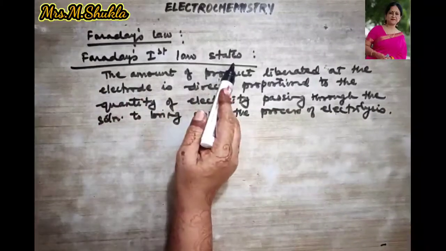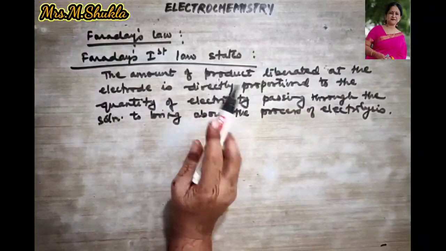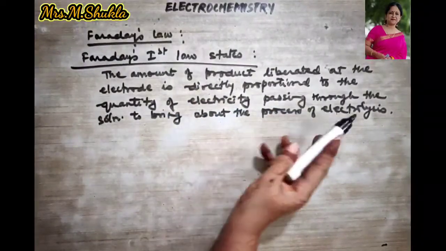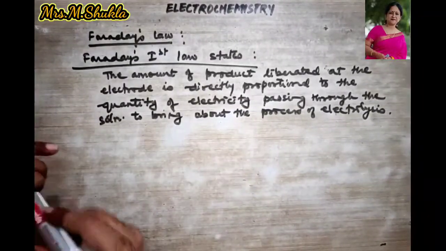So what is Faraday's first law? It says that the amount of product liberated at the electrode, it is always directly proportional to the quantity of electricity that is passed through the solution to bring about the process of electrolysis.